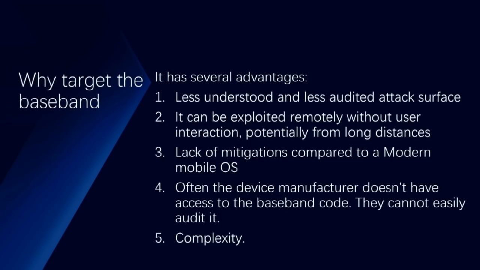The third reason is, like I said, the lack of mitigations. And often when a device, such as the iPhone, has a Qualcomm baseband, maybe Apple doesn't have access to the source code of the baseband, so they cannot audit it themselves. So there are fewer people looking for bugs there. And the last but not least reason is, of course, complexity.